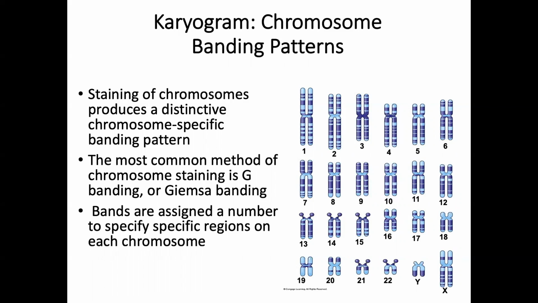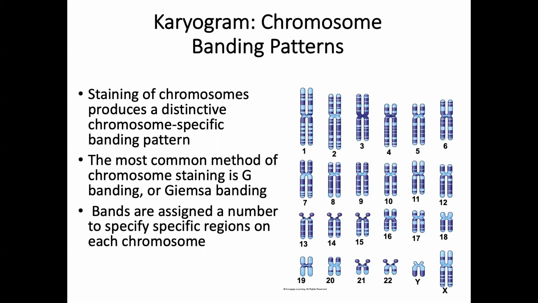The way to differentiate each chromosome is through identifying the unique banding pattern in each chromosome. G banding, or Giemsa banding, is a technique used in cytogenetics to produce a visible karyotype by staining condensed chromosomes.